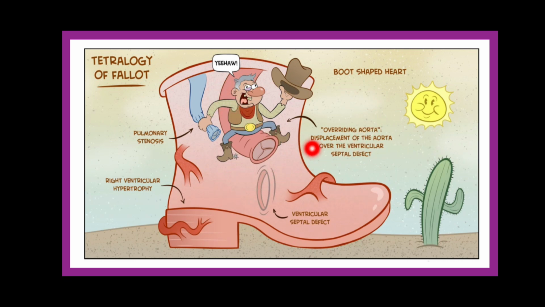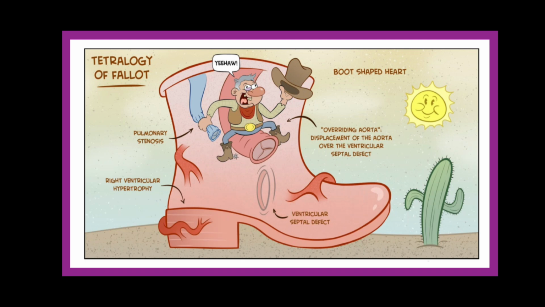Now O is for overriding aorta. Because of this pulmonary stenosis, again the aorta will override, and the load will come on the aorta. And then the last is ventricular septal defect.